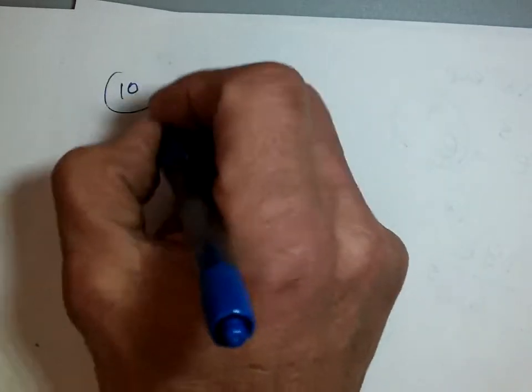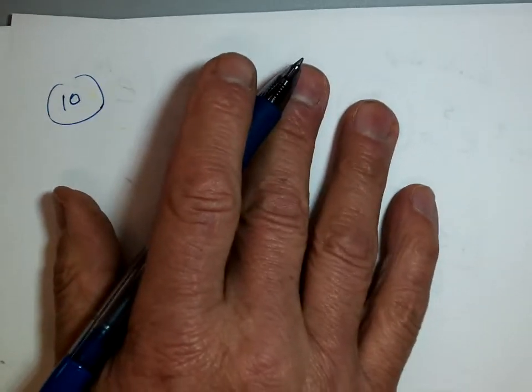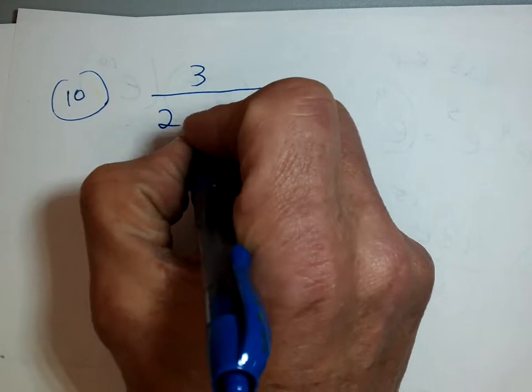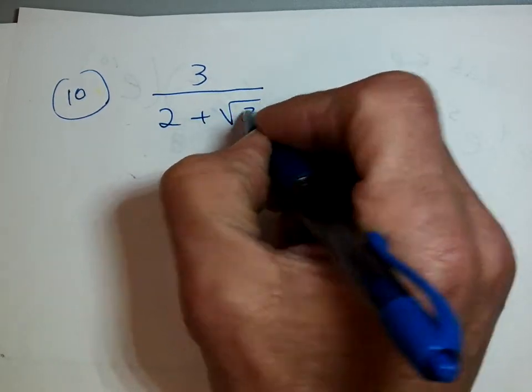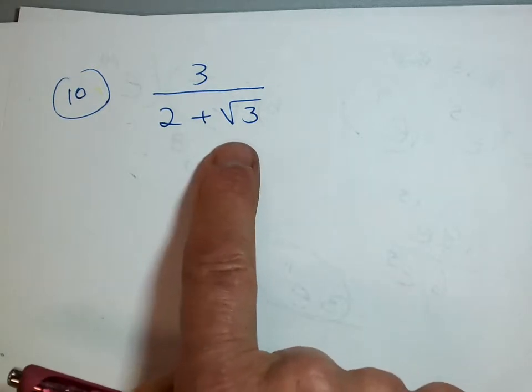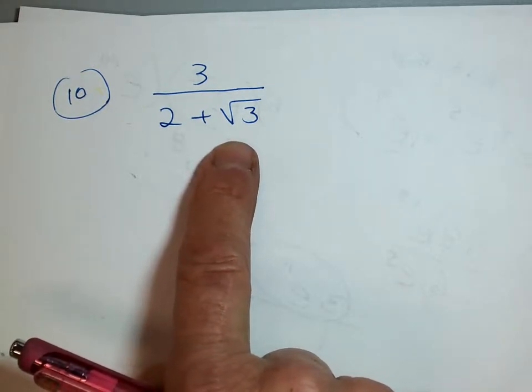All right, let's see here. Number 10. I have 3 over 2 plus the square root of 3. Now, there's a rule of math. Okay, Ben, there's a rule of math. You can't have a square root in the denominator, can you?